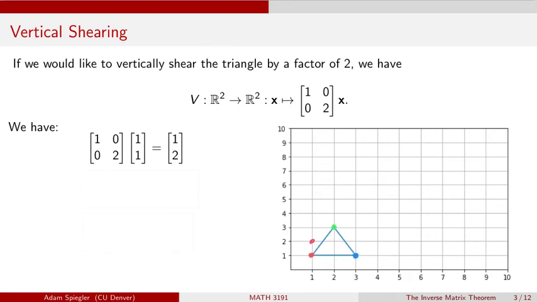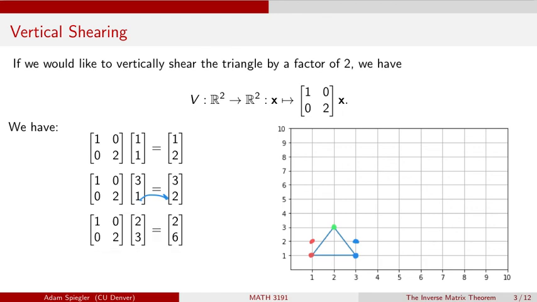So it doesn't change its x1 coordinate, but its x2 coordinate gets twice as large. And that's the same sort of transformation that we're going to apply to each of these points. So the point at 3, 1 over here in blue is still going to have an x1 coordinate equal to 3, but now the x2 coordinate gets multiplied by 2, and now that becomes 2. So that point in blue goes from 3, 1 over to 3, 2.